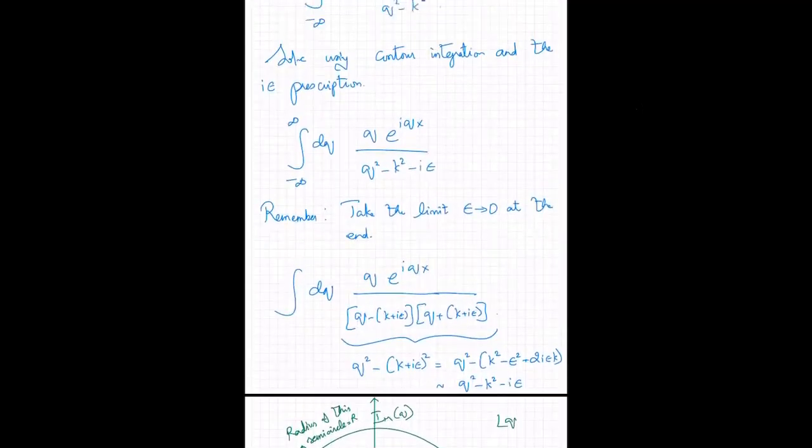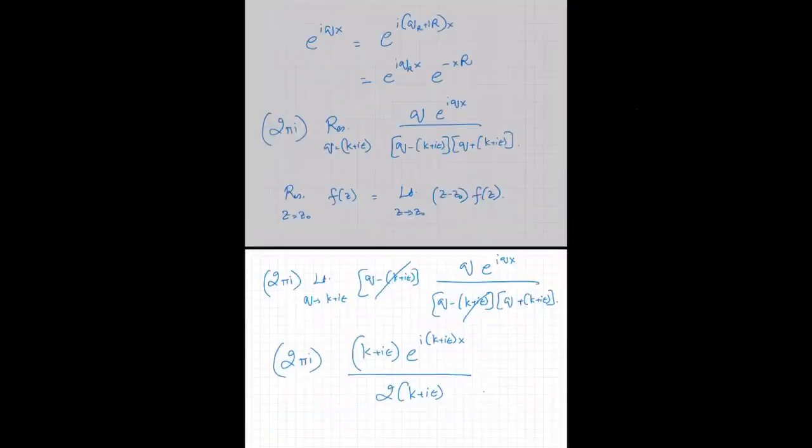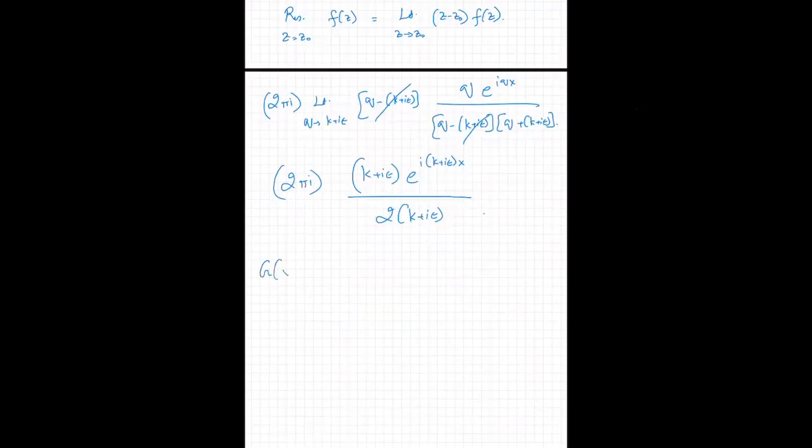Okay, so that is my q integration. Let me put everything together now. My g of x becomes minus 2m over h bar squared, 1 over 4 pi squared.